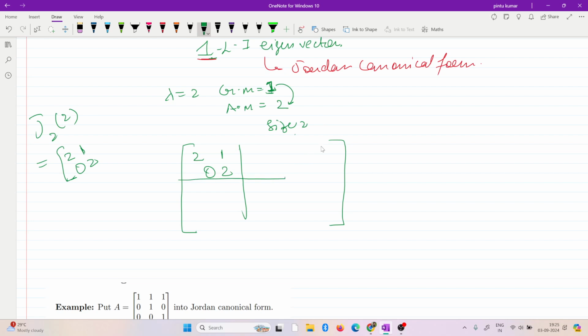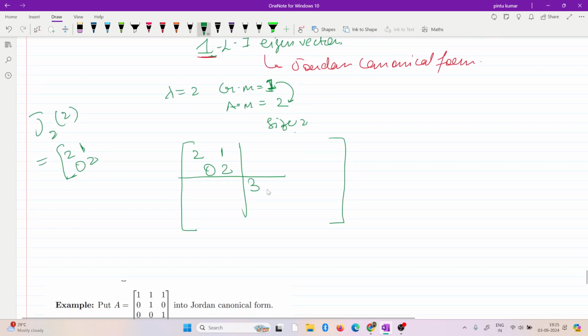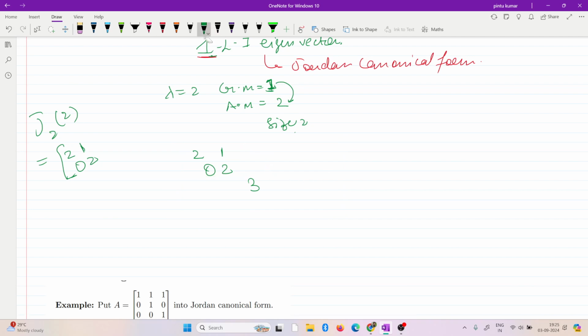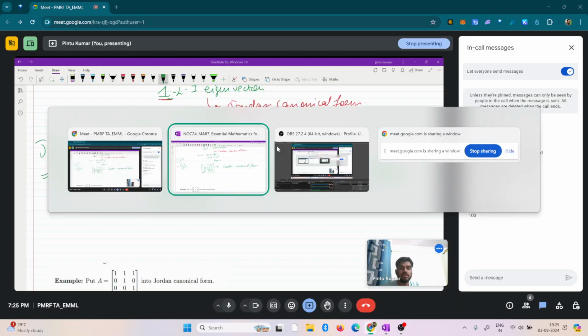And then you will have one block with 3, one block of size 1. We can rub most part of it because this is not that fat a matrix. And the rest of everything will be filled by 0. So this is the Jordan canonical form of this particular example that we had.